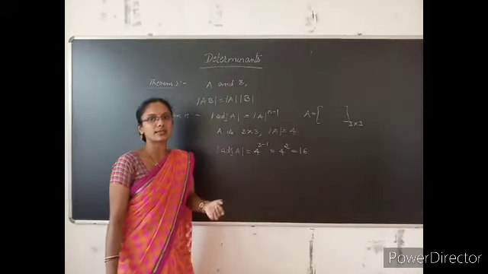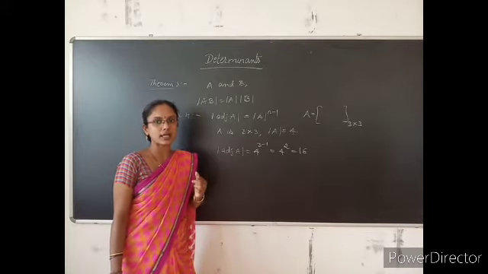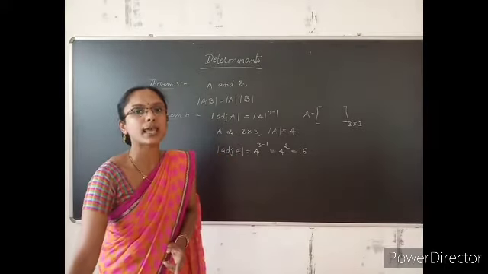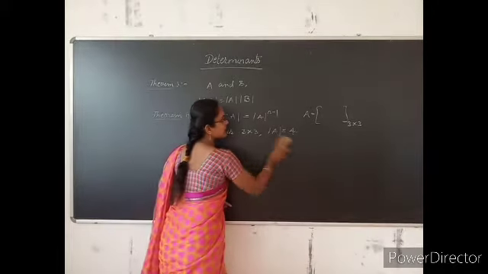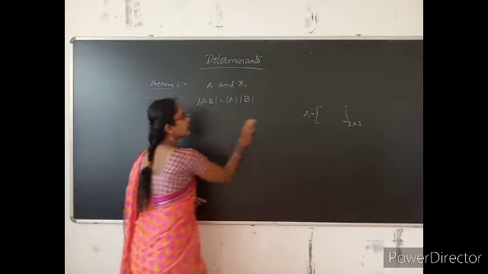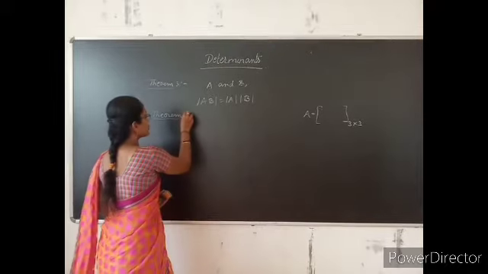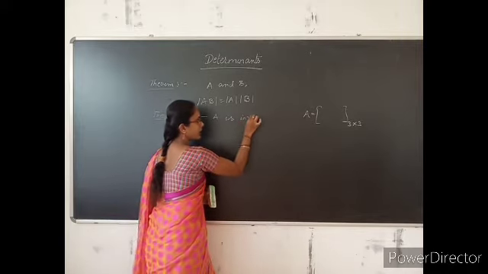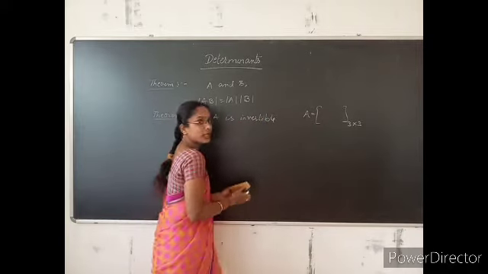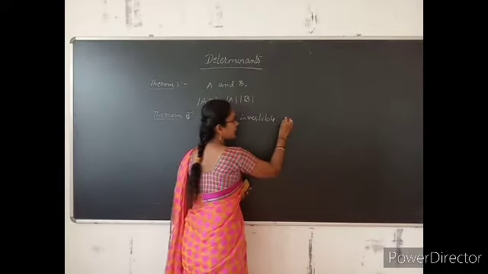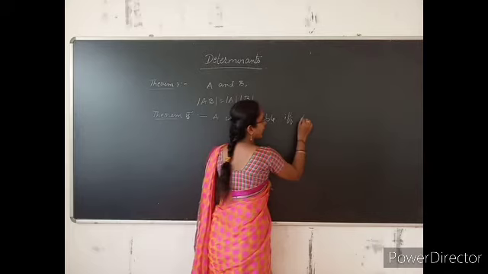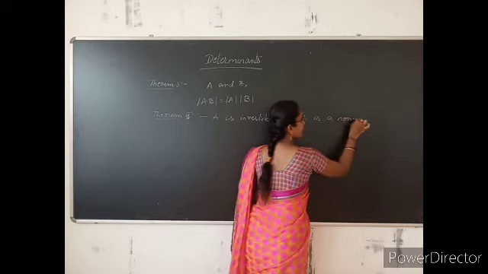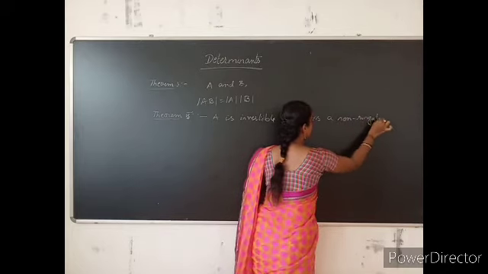There is one important result here. A square matrix A is said to be invertible. Invertible means the inverse exists. So what is the condition? The next result says any square matrix A is invertible if and only if A is a non-singular matrix.